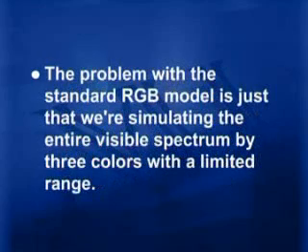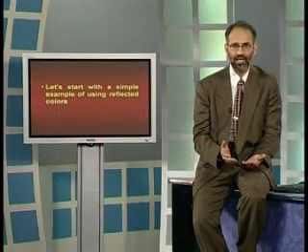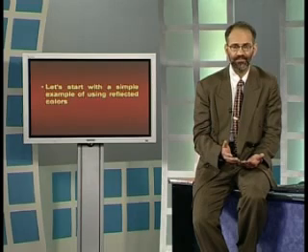The problem with the standard RGB model is just that we are simulating the entire visible spectrum by 3 colors only, with a limited range. We have talked about true colors as well, but still the range is limited. It's not unlimited, it's not infinite.